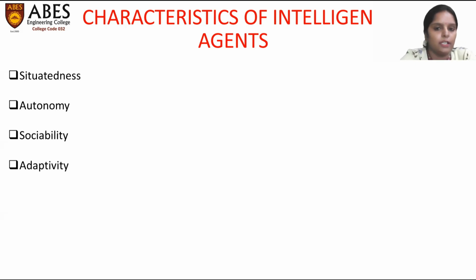Characteristics of an intelligent agent: situatedness, autonomy, sociability, and adaptivity. These are all the characteristics of an intelligent agent. Now, this is all for today's lecture.